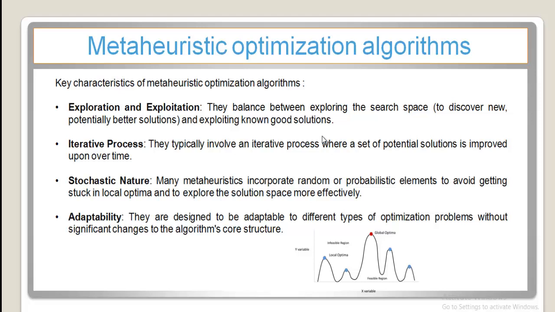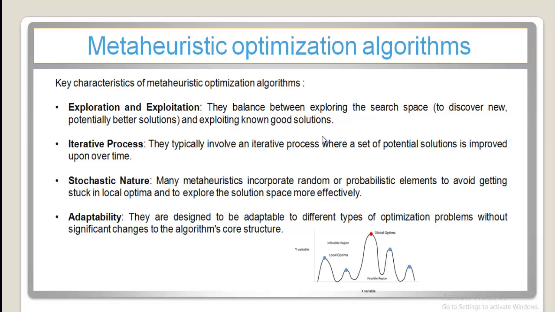The second characteristic of metaheuristic algorithms is their iterative process. Metaheuristics don't just make a single pass through the problem. They cycle through potential solutions repeatedly, refining and improving them with each iteration. It's a process of continuous evolution and enhancement.